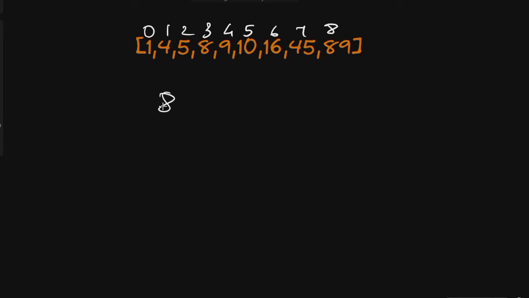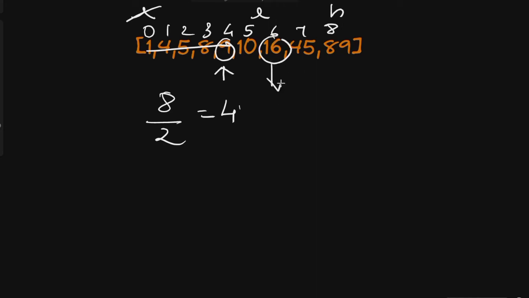At first, mid will be calculated as 8 by 2, which is 4. We check if 89 is greater than it, so mid is less. This half would be rejected and L would move here. First L was here, H was here, the length minus 1. After that, 5 plus 8 gives 13, and 13 divided by 2 gives 6. Now this is the middle element, we check it, it should be greater, so we remove this.